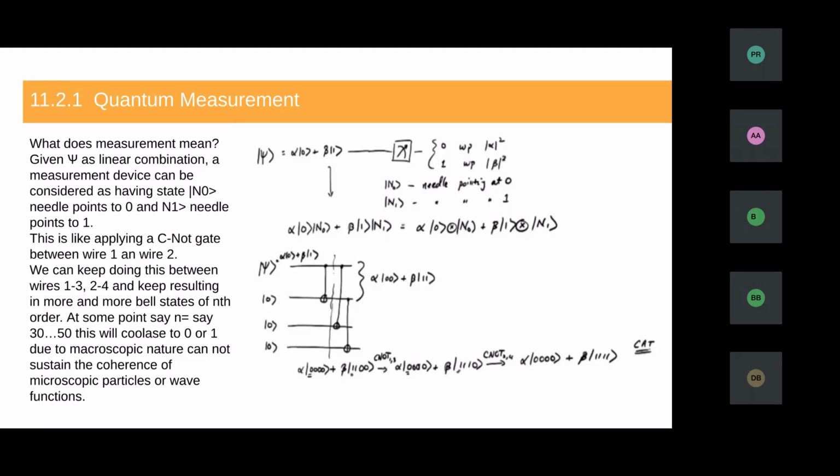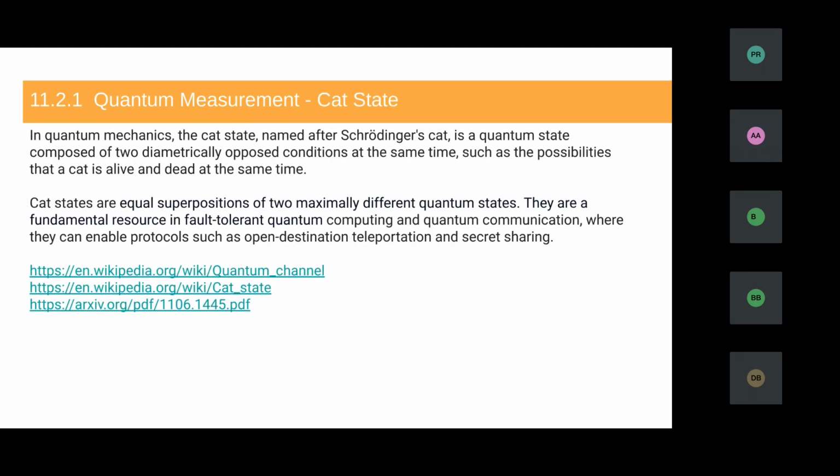Therefore it is very important that as long as you have a closed system of qubits, you may not have the impact. But once you have more qubits, what number we don't know, but we can say 30, 40, 50, depending on how we are able to keep it closed, the environment will impact. So what I have done is, this is called cat states.